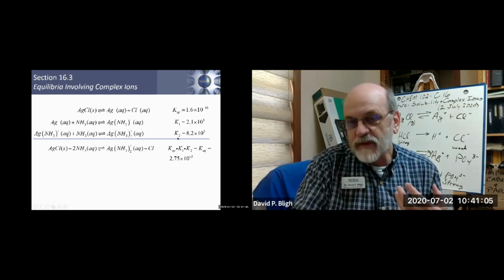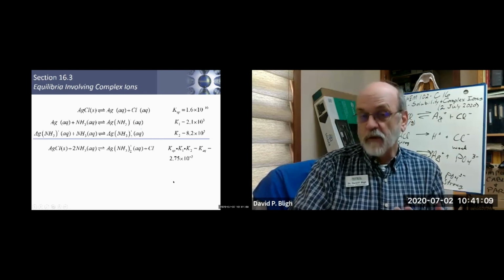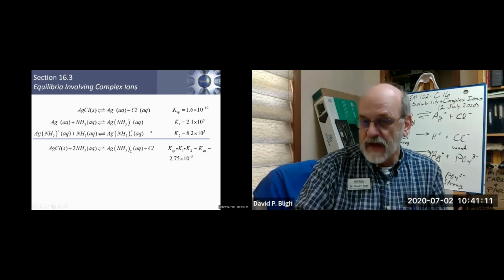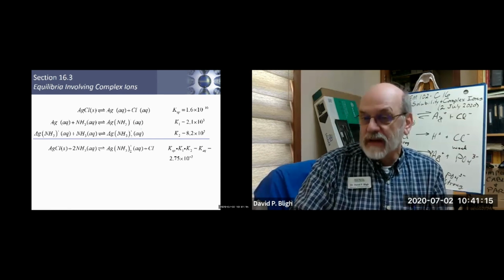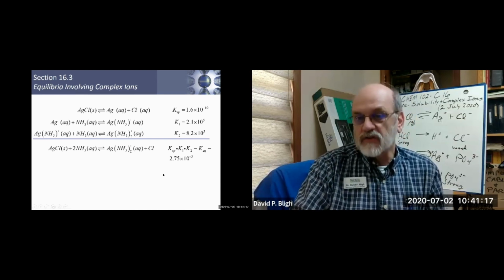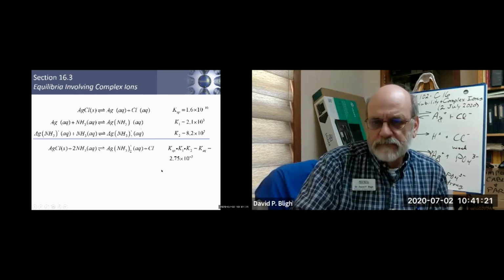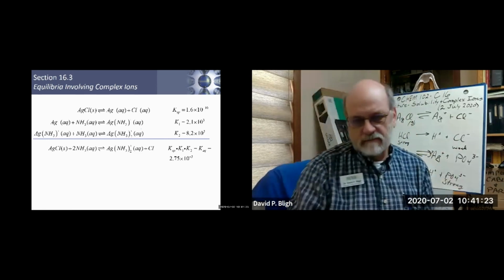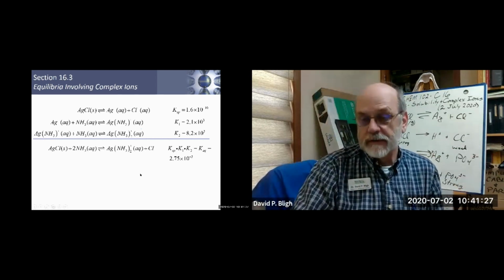So if you multiply those two together, you would get an accepted value for the formation constant of this complex ion. And then when you do the lab, you actually calculate that value based on the titration. Okay, so that's just a juxtaposition of the two processes we're going through here.